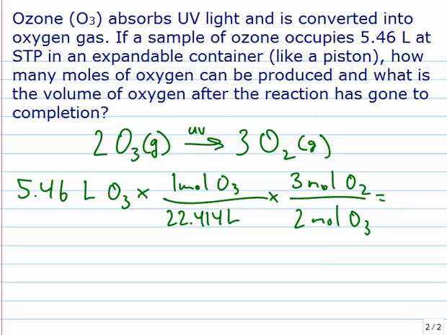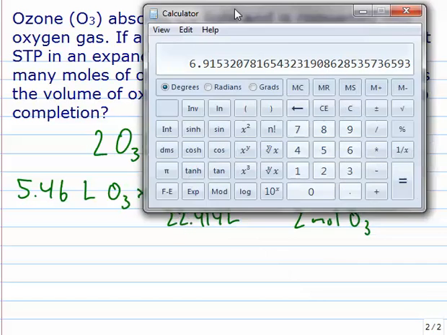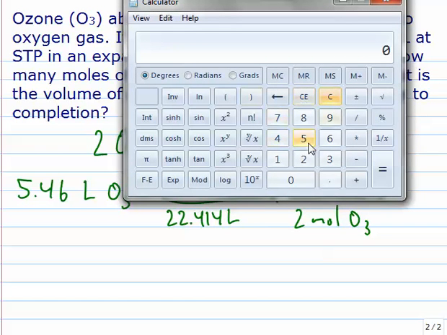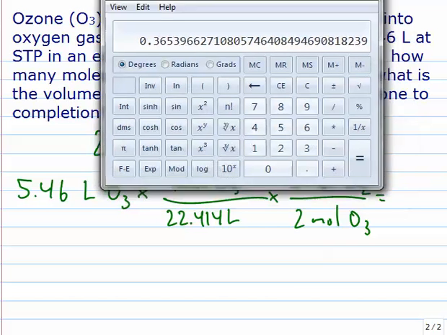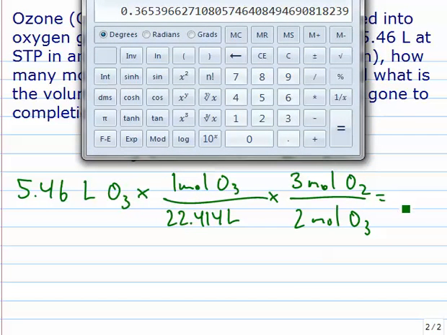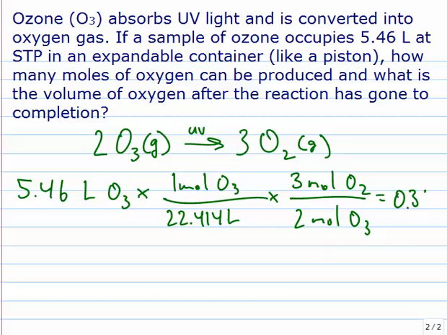Looking at my calculator here, 5.46 divided by 22.414 liters times 3 divided by 2 tells us we have 0.365 moles of oxygen being produced.